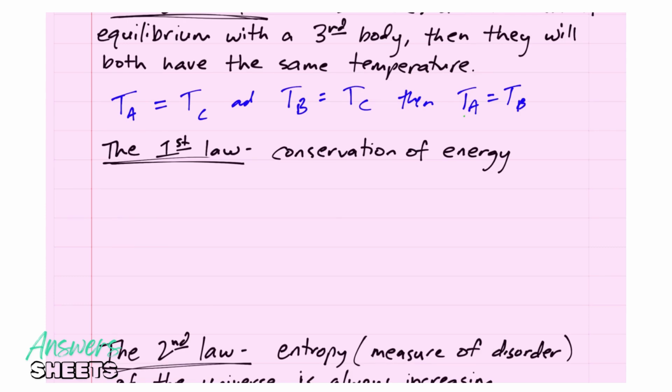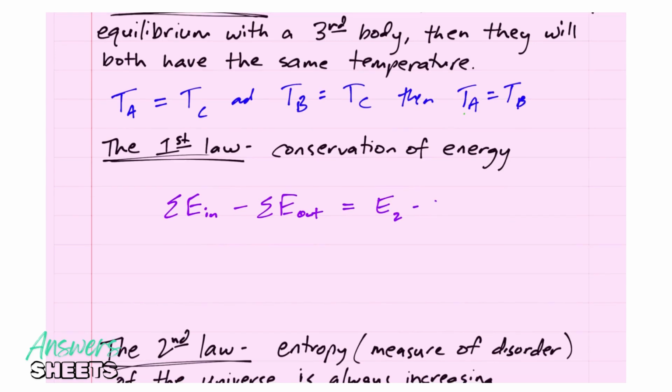So here is the first law: the sum of all the energy in, where sigma means the sum, minus the sum of all the energy that goes out, like our bank account balance, equals the change in energy. We'd say delta E, or energy final minus energy initial, or energy 2 minus energy 1.